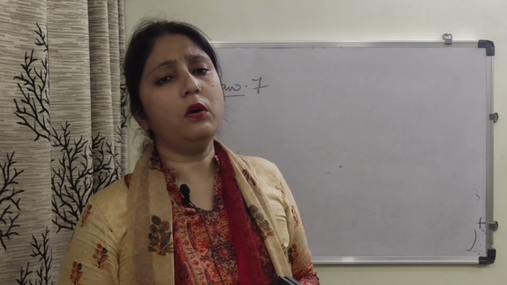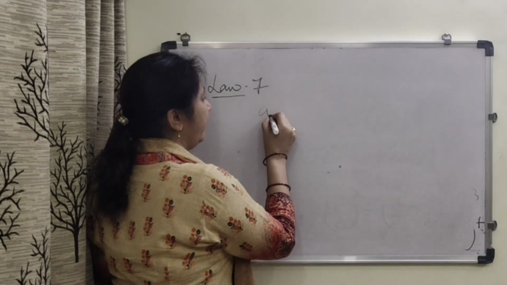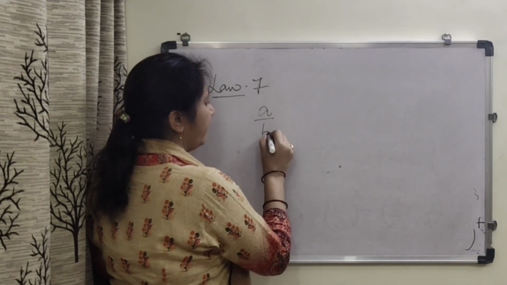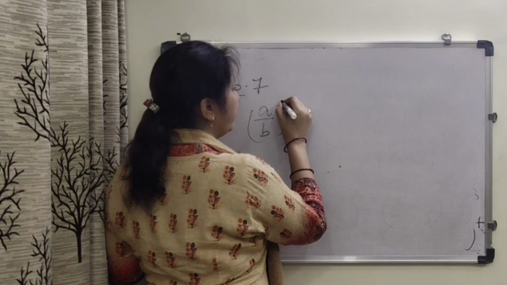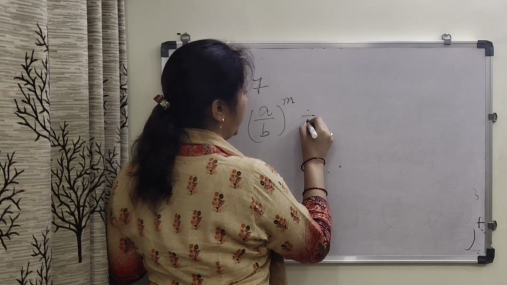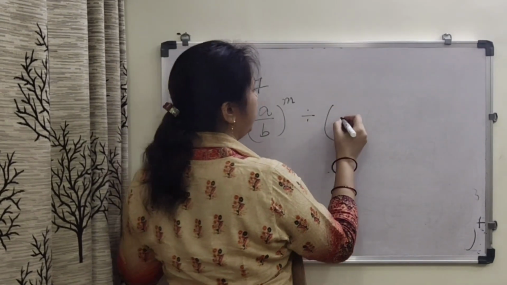Now, coming to last law, that is seventh law. Here again, children, you have division of different bases with same exponent. I have written in the form of rational number, no problem.